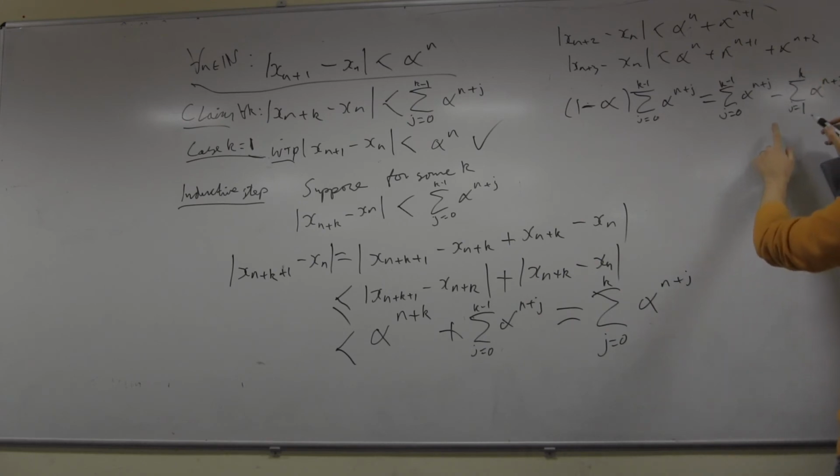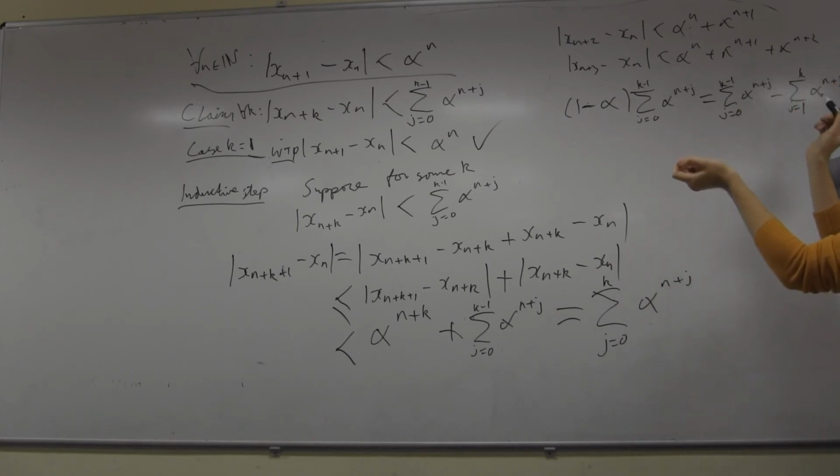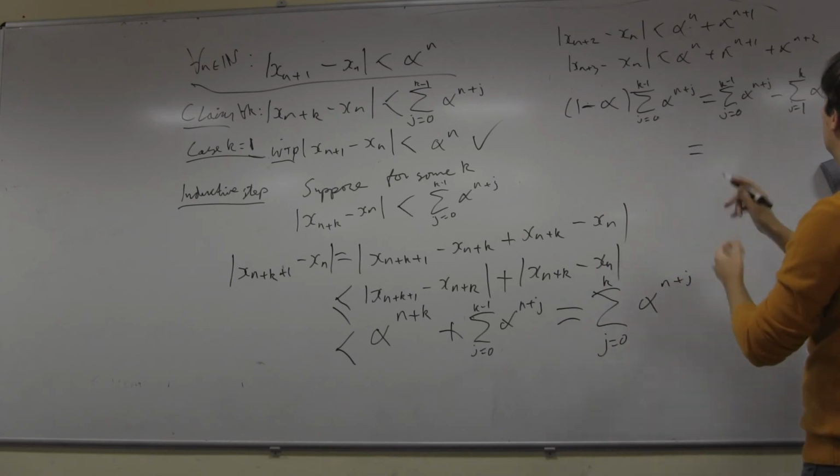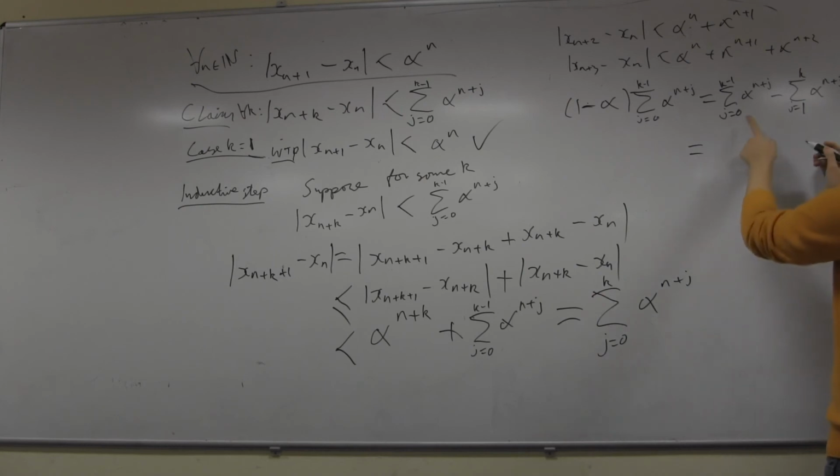So these are two sums, and all of the terms except the first and the last term are going to cancel out, just like what we had before. So we get the first term from this one left over, and then we get the last term from the other one.